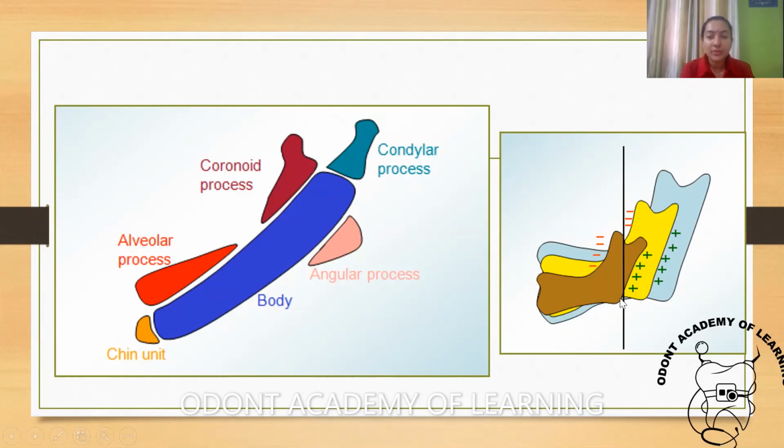The brown structure you can see eventually grows and becomes this green structure because of constant deposition of bone posteriorly and resorption of bone in the anterior region. Maintaining the shape and integrity of the mandible, there is a change in size because of the remodeling process.